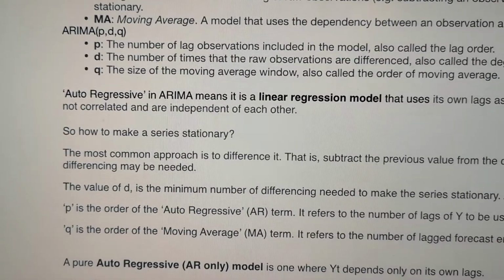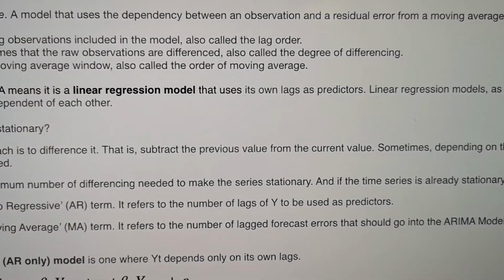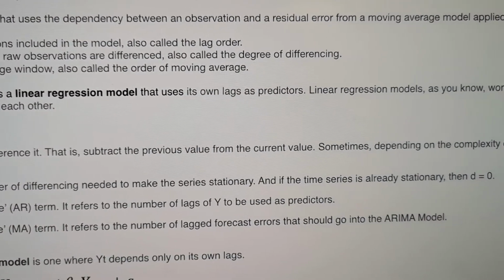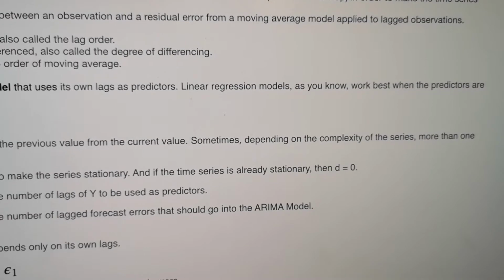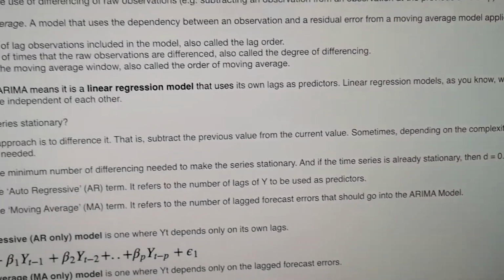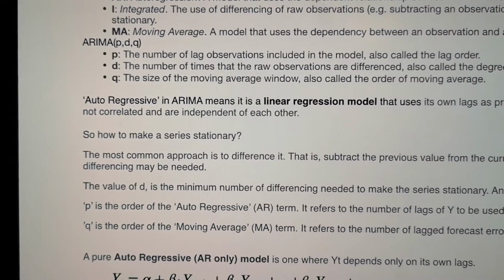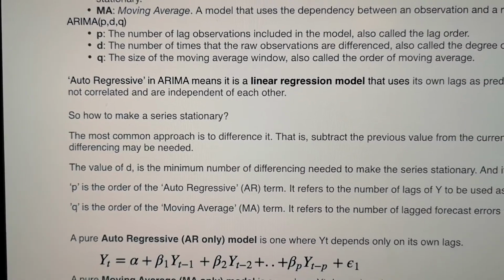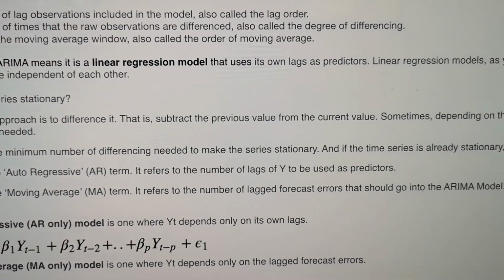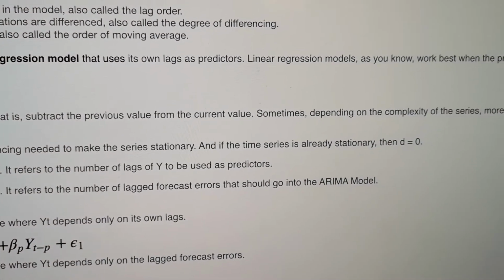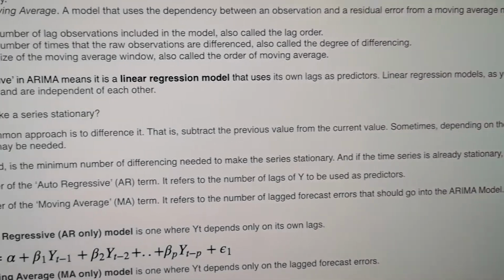The most common approach is to difference it, that is, subtract the previous value from the current value. Sometimes, depending on the complexity of the series, more than one differencing may be needed. The value of D is the minimum number of differencing needed to make the series stationary. And if the time series is already stationary, then D equals 0.